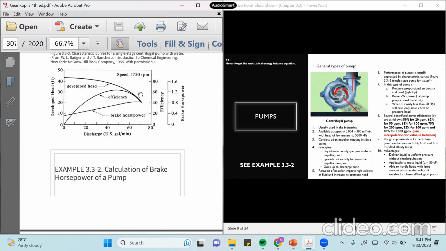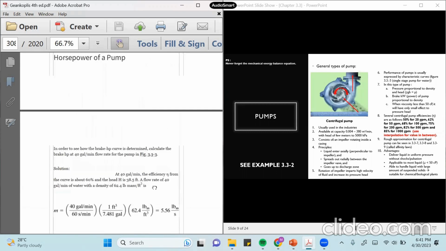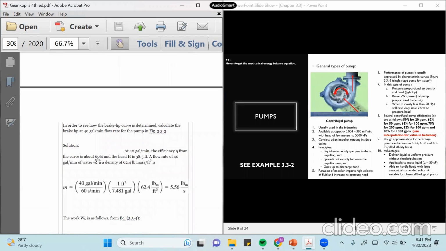Then you draw a horizontal line to the right-hand side for efficiency. So it's 60. Then for developed head, you draw a horizontal line to the left. It's around 30 feet. And then if you want to know the brake horsepower, you can draw a horizontal line up until this scale. It's around 1.2 brake horsepower.